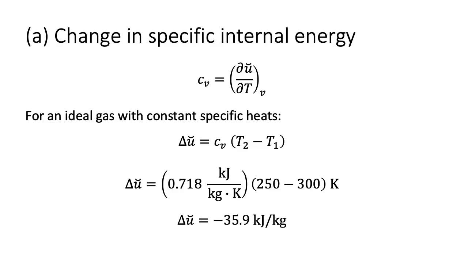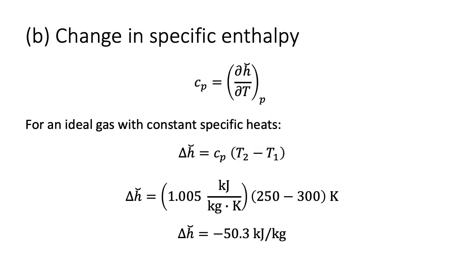For Part B, calculate the change in specific enthalpy from Section 1 to Section 2. In general, the specific heat at constant pressure is equal to the change in enthalpy with temperature at constant pressure. For an ideal gas, where enthalpy is also only a function of temperature, and with a constant specific heat at constant pressure, this definition can be integrated to get the relationship shown.